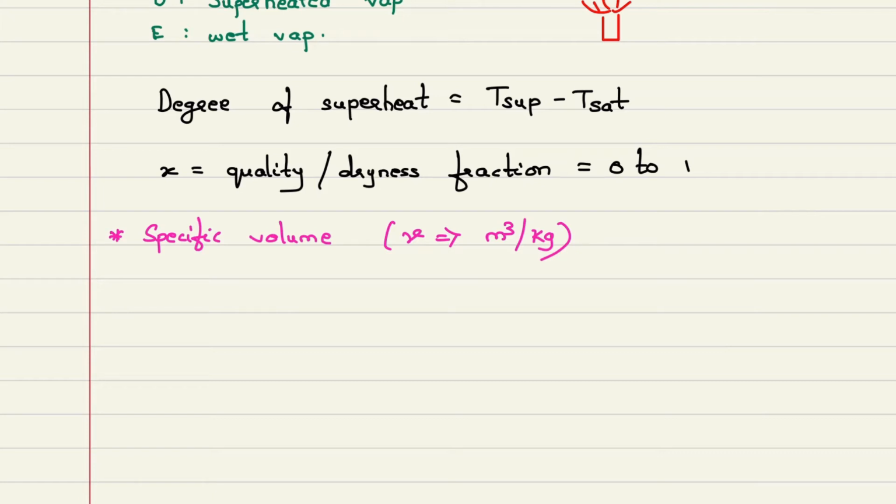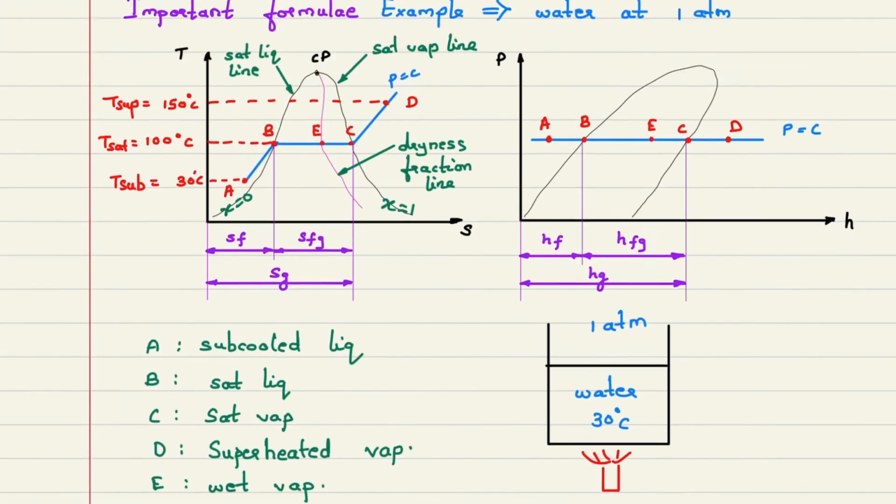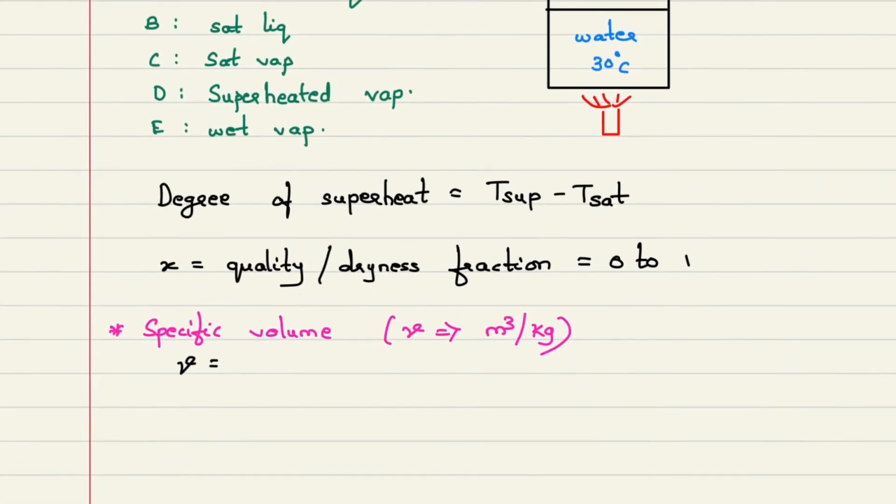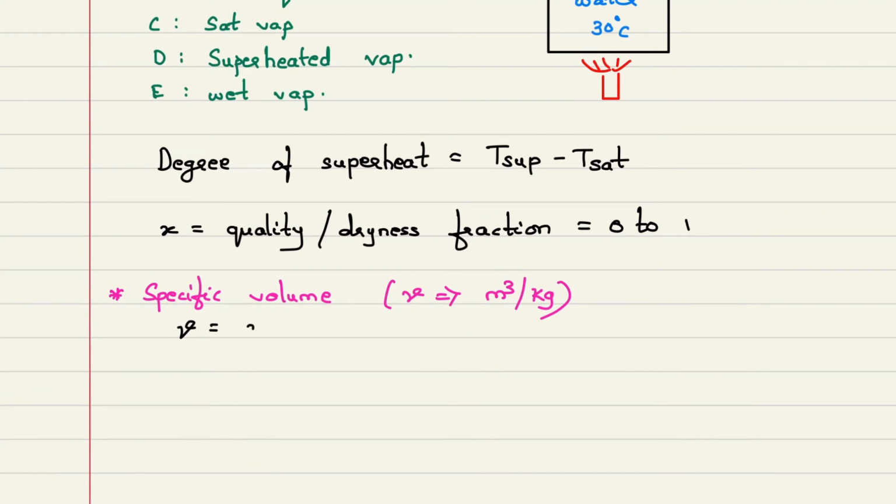The specific volume formula, if you consider wet steam, meaning the point is over here, will be V = x into Vg. It is for wet steam. Then second, V is equal to Vg.